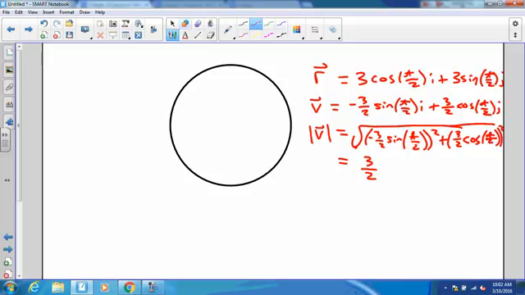Oh, 9/4. Which is 3/2. Square root of 9/4, which is 3/2. In other words, for this particular path, the object is moving with a constant speed.